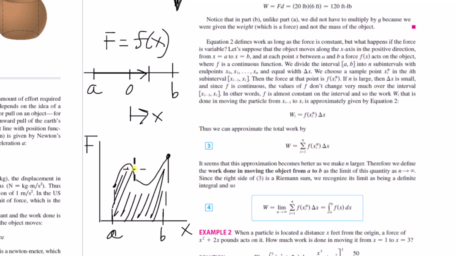Because what you're trying to do to get the work is get the force times the position. But when the force is variable, you want to break this up into small pieces. And as those pieces get small enough, you can assume that the force is constant over the width of that piece.